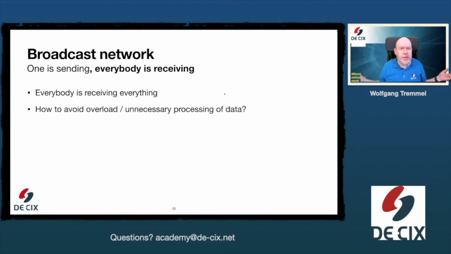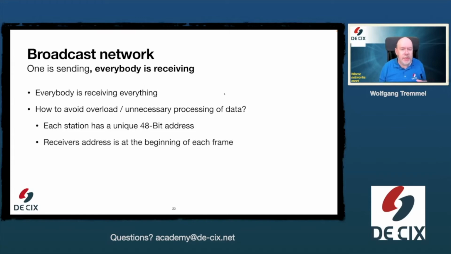So how to avoid overload and unnecessary data processing? Well, the idea is each station has a unique 48-bit address, and this address is at the beginning of each frame. And the address can be processed by your network card. It doesn't have to be passed on to the CPU.